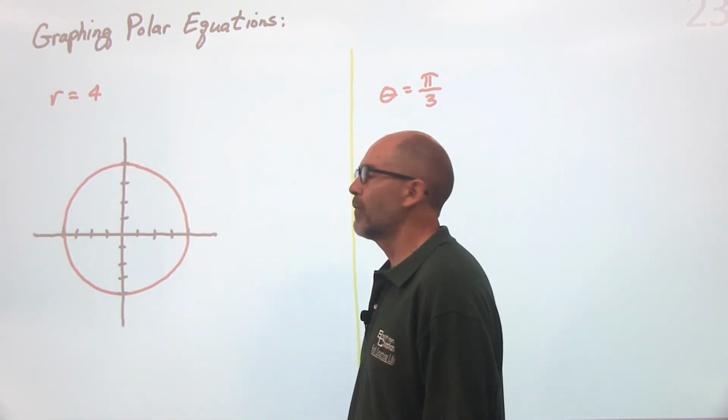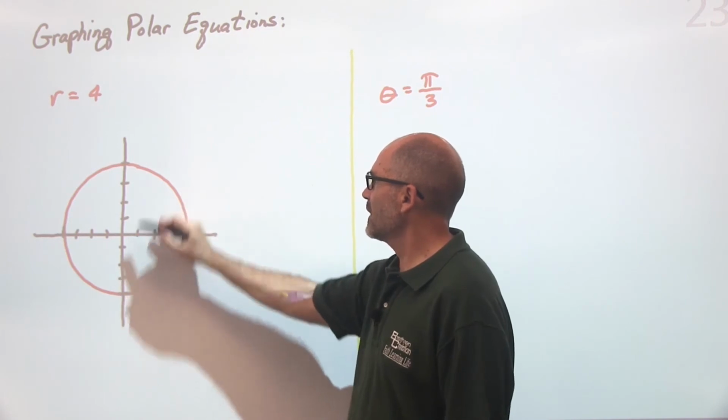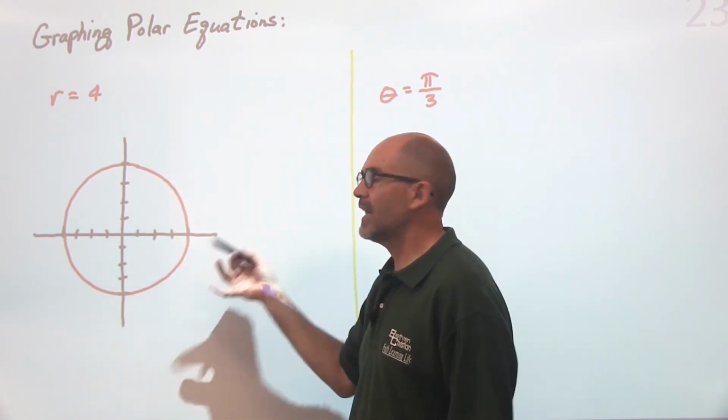That's it, r equals 4. The radius is 4 in any direction.